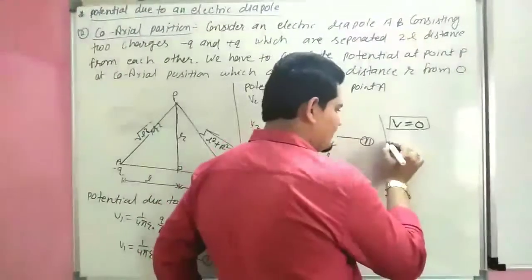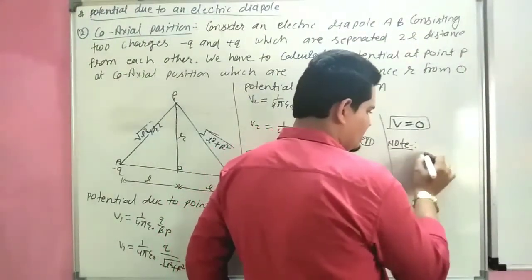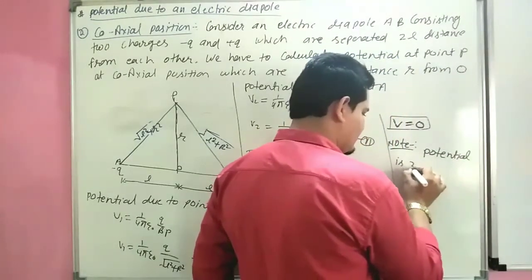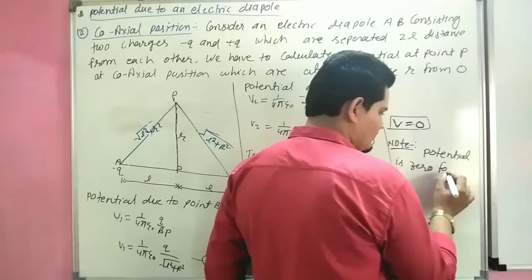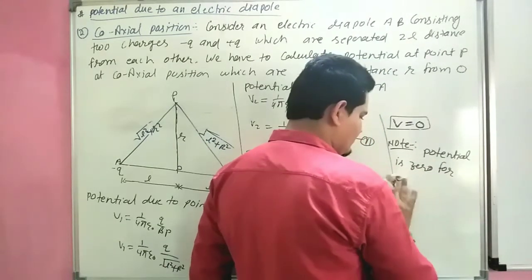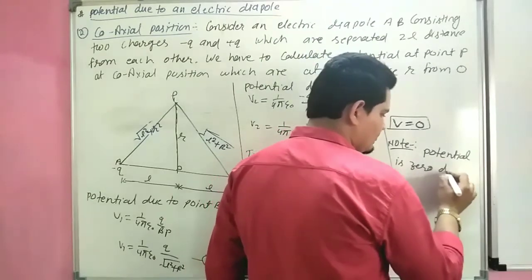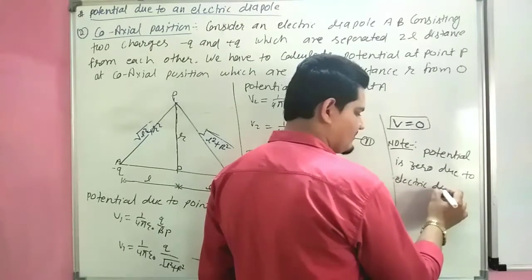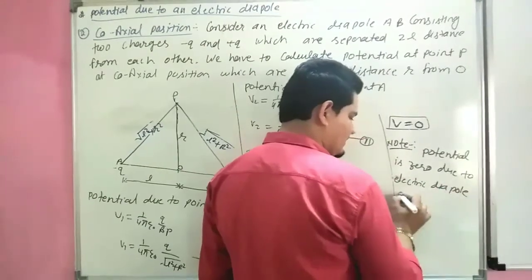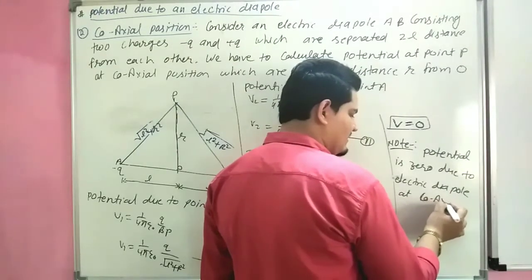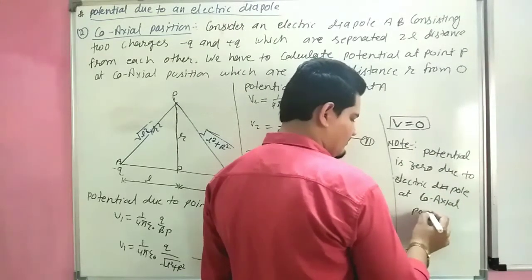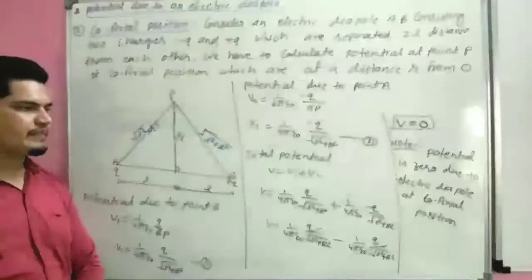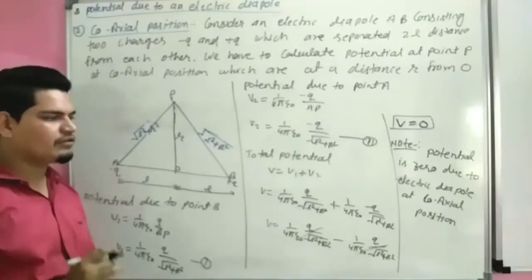So remember the point: potential is 0 due to an electric dipole for coaxial position.